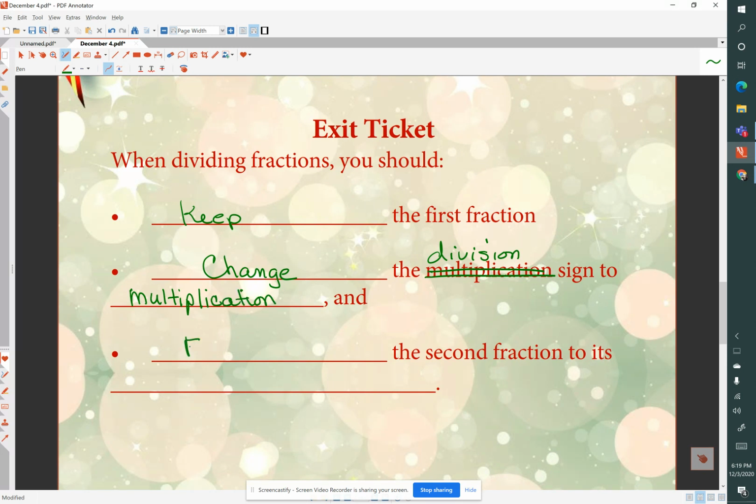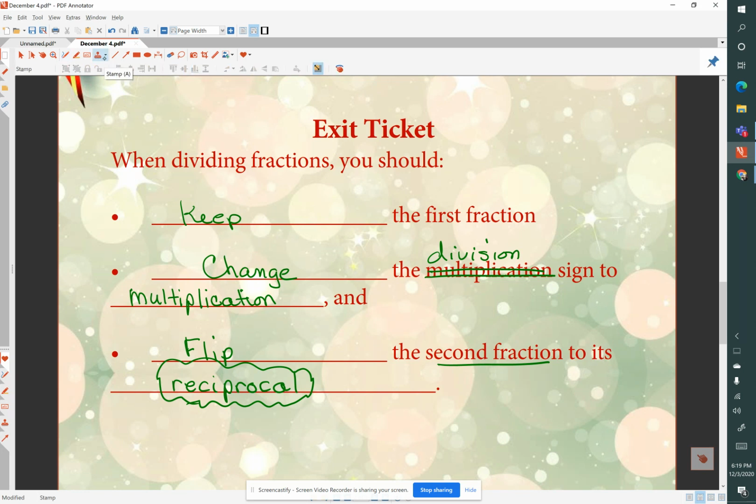And then you should flip the second fraction to its reciprocal. And many of you yesterday in class remembered this word reciprocal from 7th grade math. So proud of you for that.